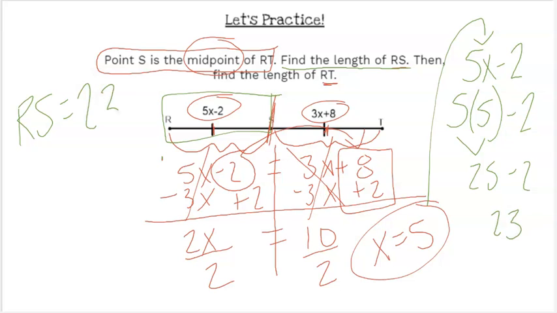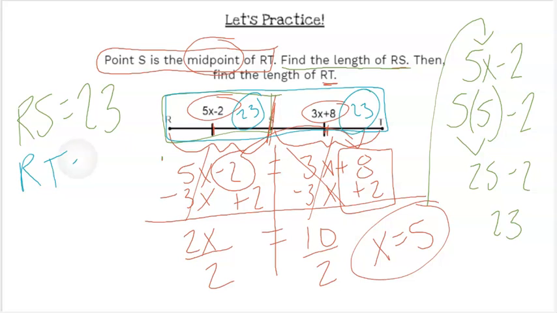So we know RS is 23. And then find the length of RT. The length of RT would be the whole piece. Well, we know that RS is 23, which makes ST 23. So the whole thing would be 23 plus 23, which is 46.